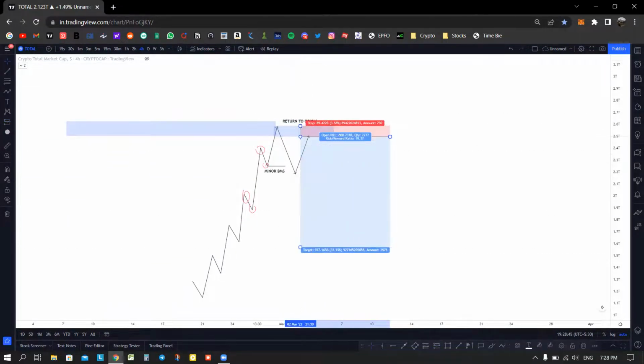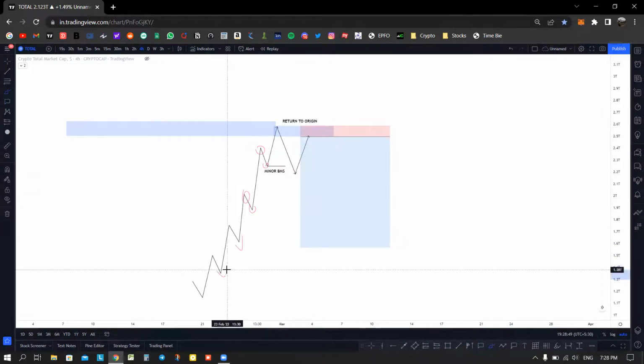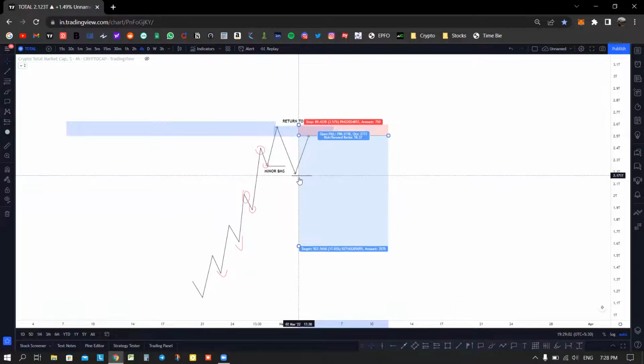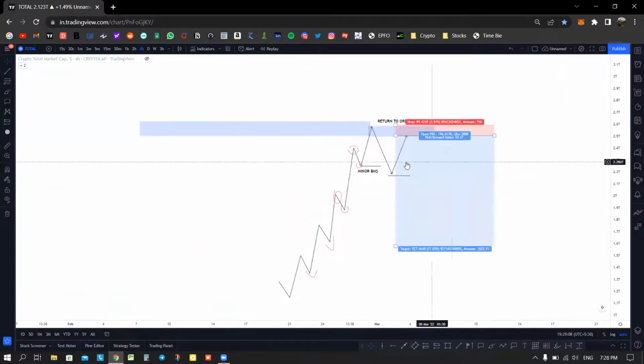And my target will be all these internal liquidity levels. First target will be this low. Then again this one. If price has taken out this low, then I will go break even, and I will target all these lows.